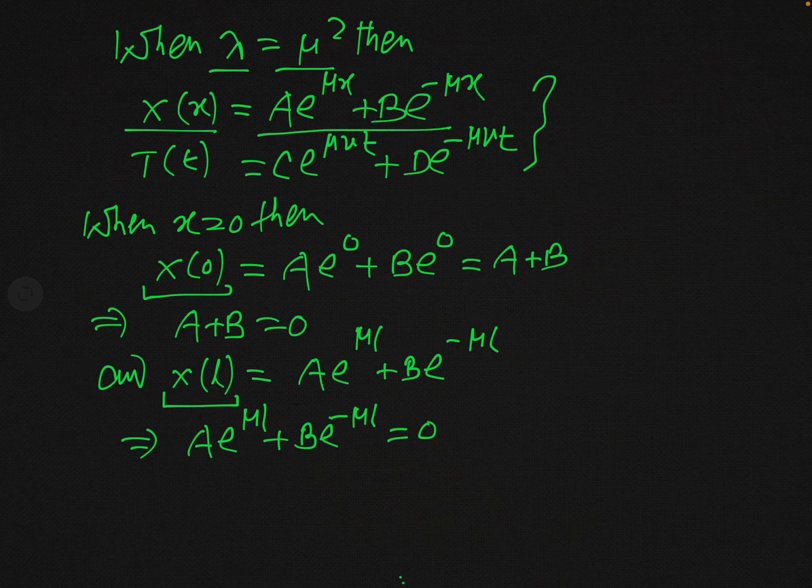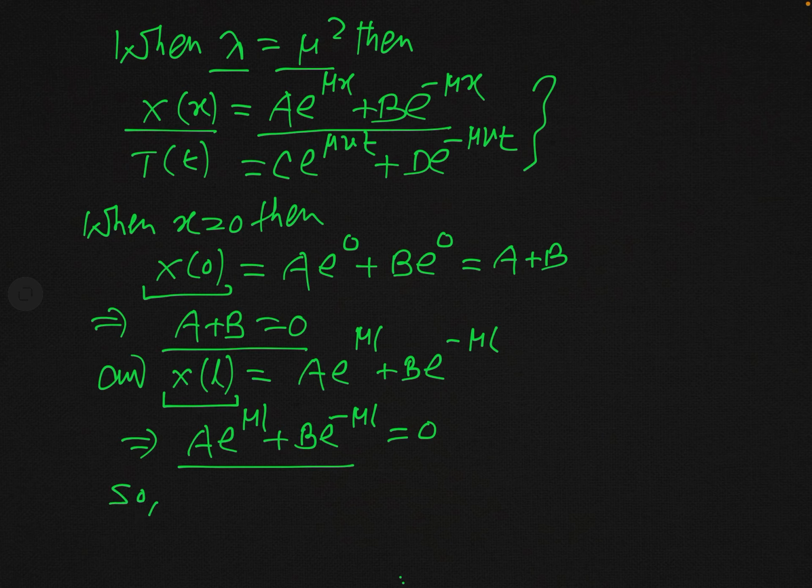So now you can see, since A plus B is equal to 0 and A e to the power mu L plus B e to the power minus mu L is equal to 0.